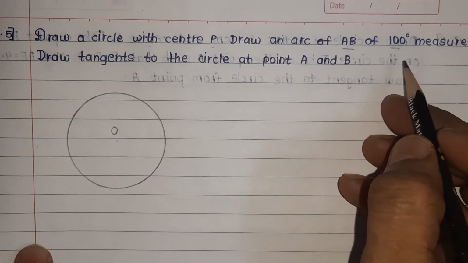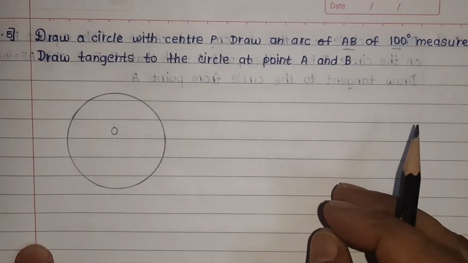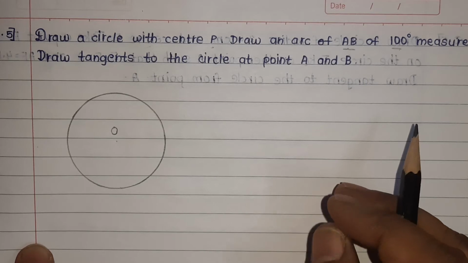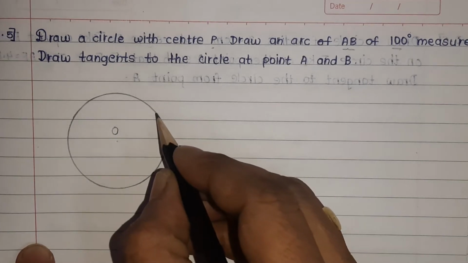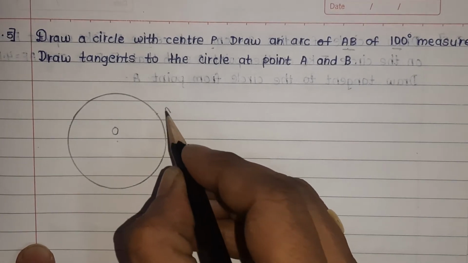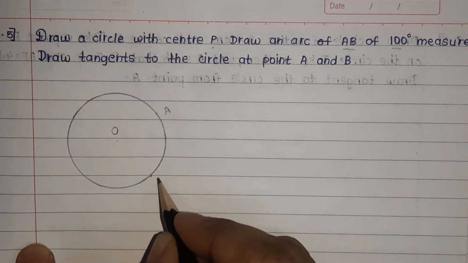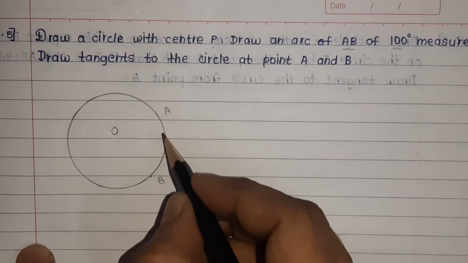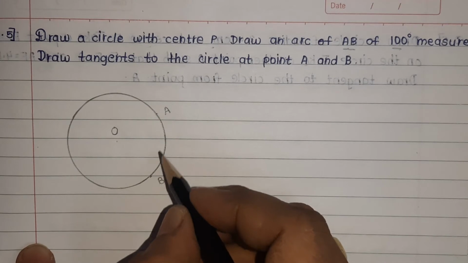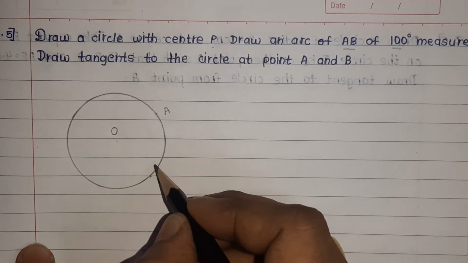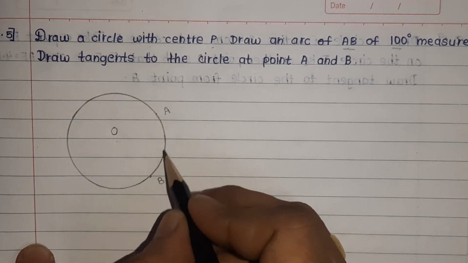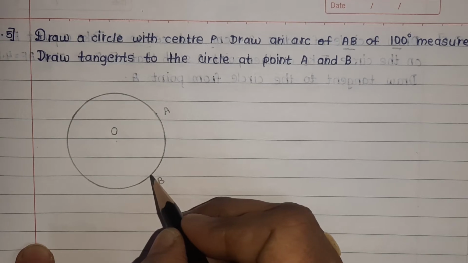We have to draw an arc. Dear student, all of you know about the arc. See, suppose I take point A here and B here. These two points. Then this part is known as the arc. Got it? And the measure of this arc must be 100 degrees.